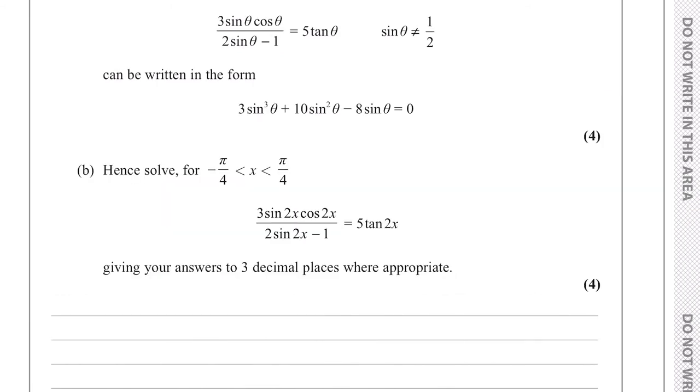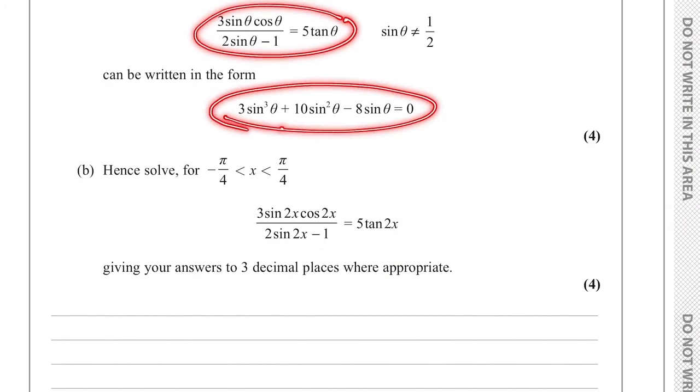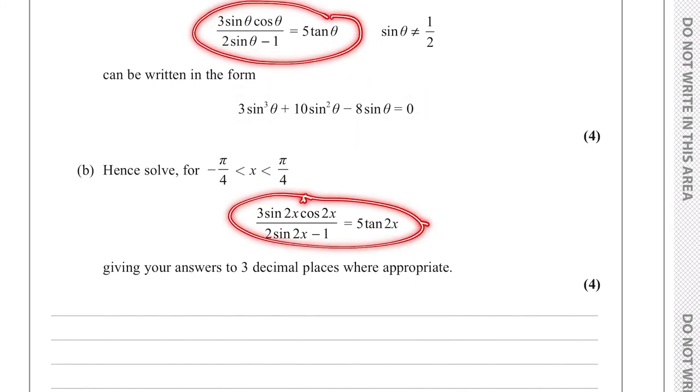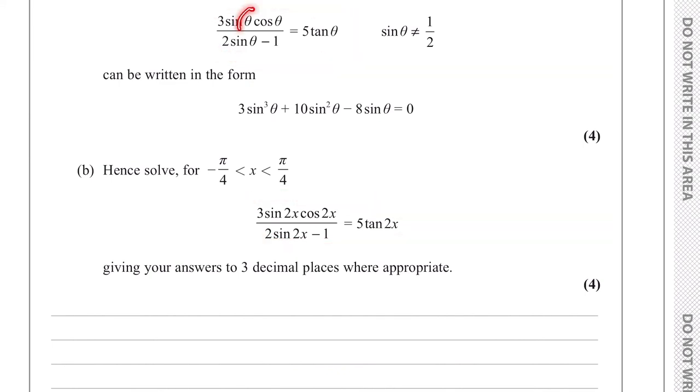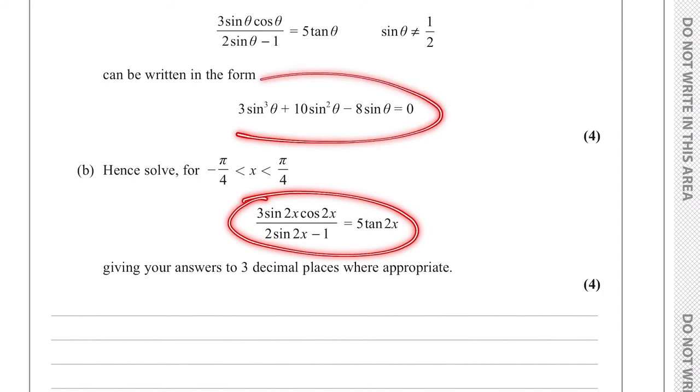In part B, we have to solve this equation, and from the previous equation, we know that this equation can be changed to this one. You can see that these two equations are similar. We just change from theta to be 2x. So that means this equation can be written in this form too.